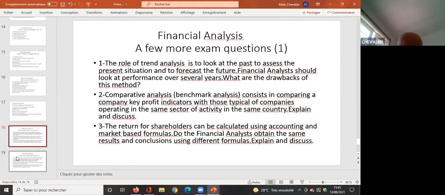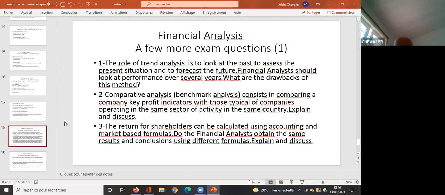So this is what I wanted to show you here. These are classical questions. You have to think about that. It's much more important than to be able to calculate a ratio. It's to understand what the question is, why do we use this ratio? What are the numbers we have to use in the ratio?